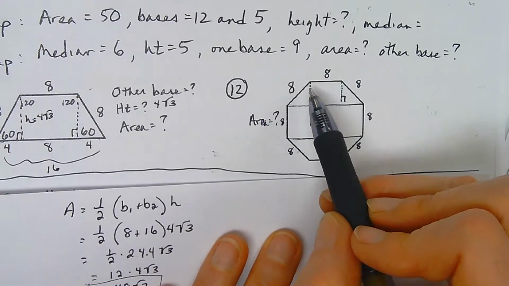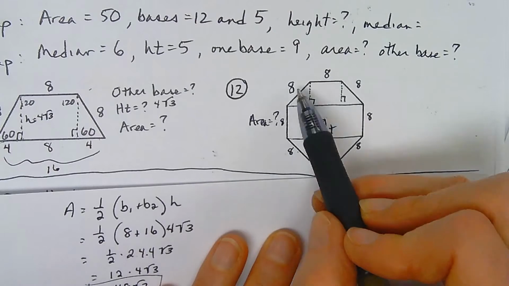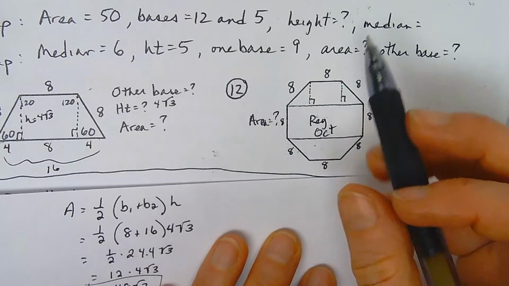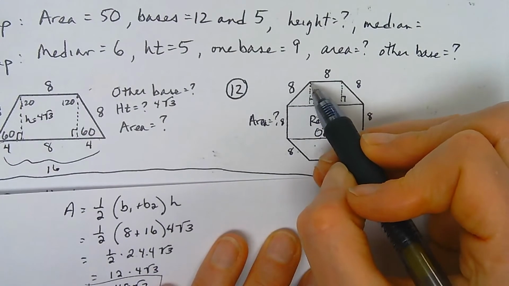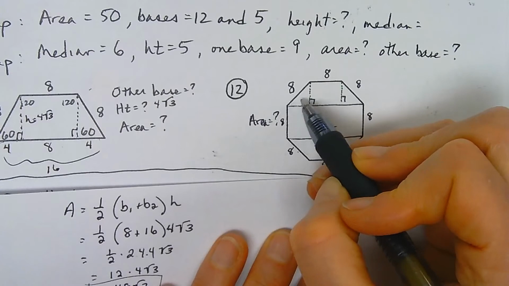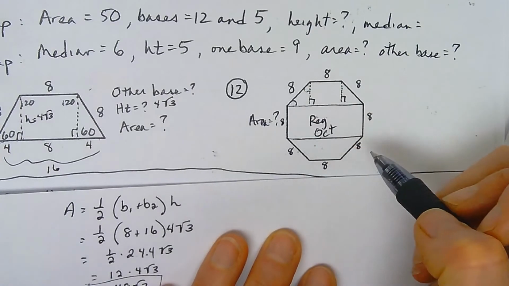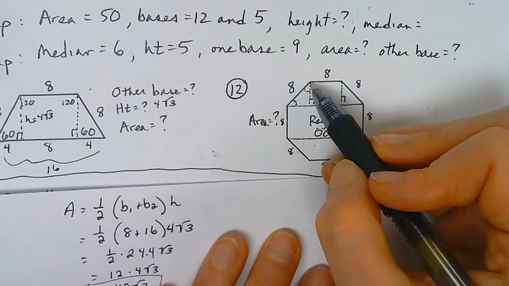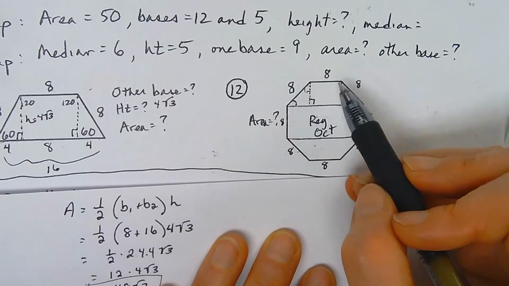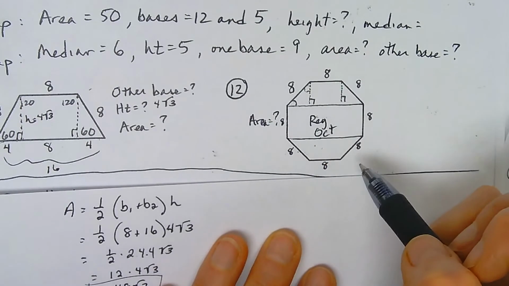The key to finding the area of this trapezoid is to recognize that by dividing this segment down here like this, we have made a 45, 90 degree triangle here. This is a 45, 90. This is a 45, 90.